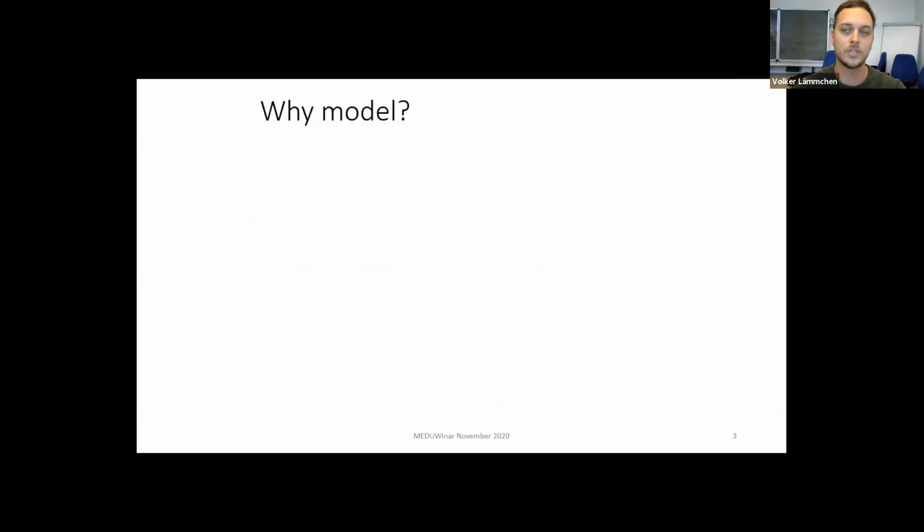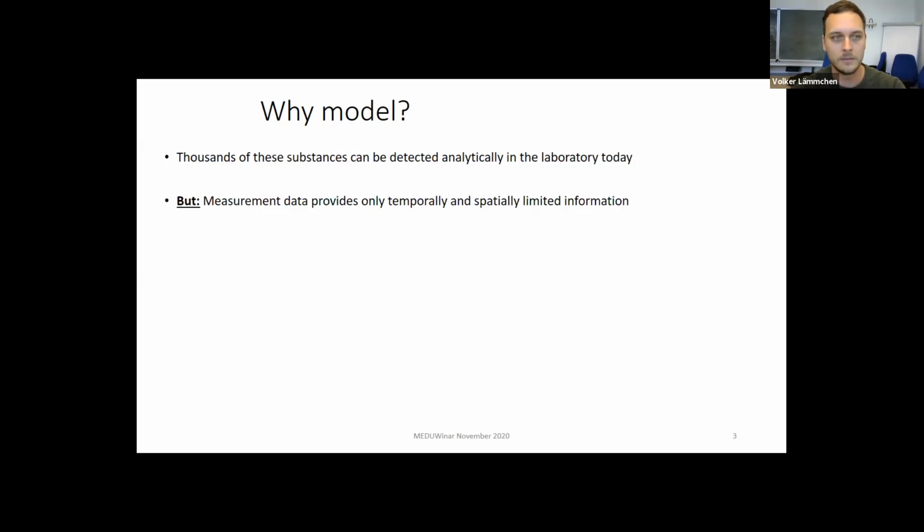And now the question may arise, because I will talk today about modeling, on how models can help with this problem. In general, it can be said that thousands of these substances can be detected analytically in laboratories today, but measurement data can only provide temporally and spatially limited information, because when you go out there and take grab samples, you get information about concentrations, but only at a given time, at a given place.